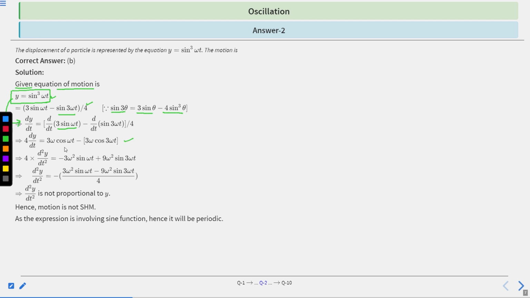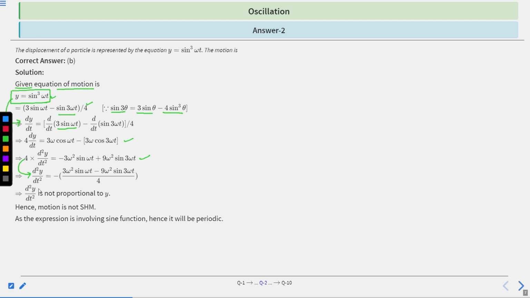So solving this equation, you will get 4 multiplied by d square y divided by dt square is equal to minus 3 omega square sine omega t plus 9 omega square sine 3 omega t. Solving and rearranging, d square y divided by dt square is equal to (minus 3 omega square sine omega t plus 9 omega square sine 3 omega t) divided by 4.